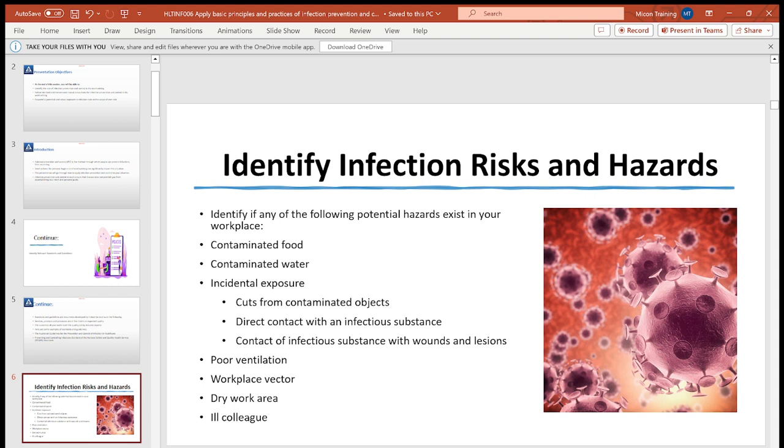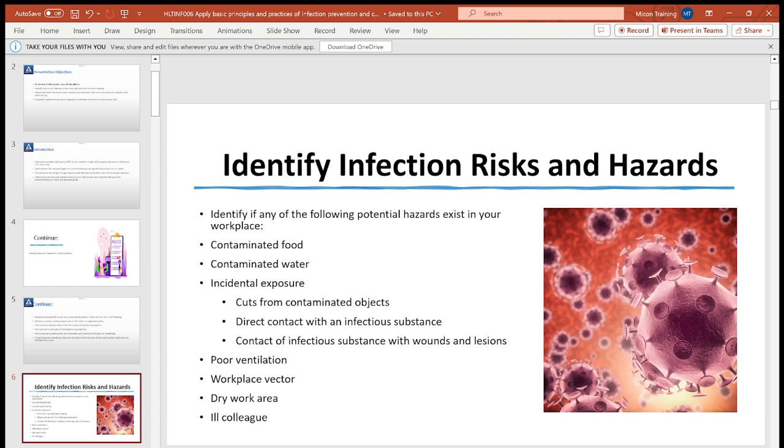If this occurs, of course, the level of risk or the level of exposure to risk is higher because we have already cut ourselves, and if any infection gets into our body or gets in contact with our body at that time, it goes straight into our bloodstream. So in order to avoid this, we should cover that area with the necessary equipment. So we should follow our organization policies and procedure in line with this.